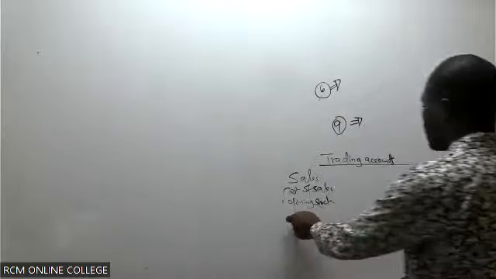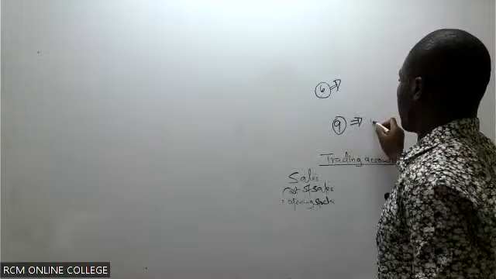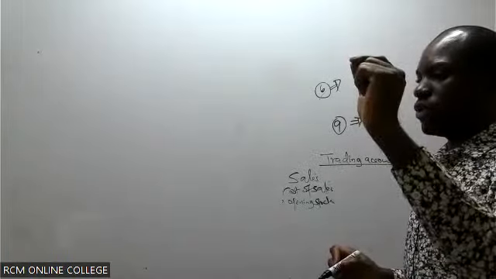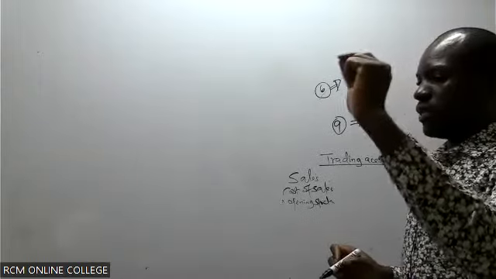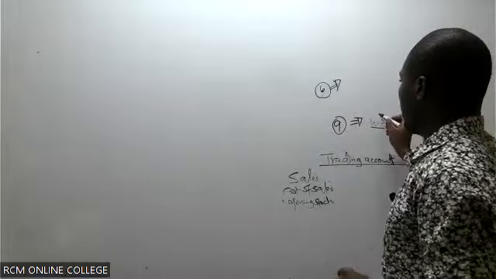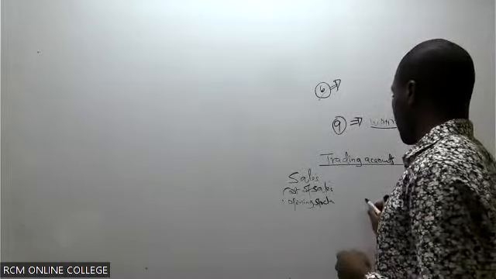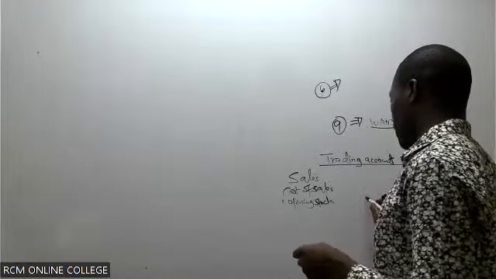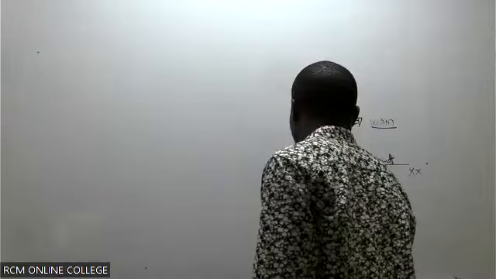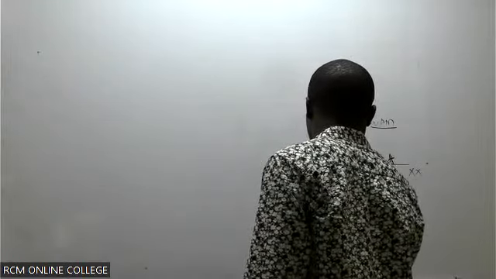If you're talking about inventory management or inventory valuation, where you are using weighted average method, remember, first of all, the examiner will tell you that the opening stock was this number of units and this value. So that's what you're going to indicate, the value of your opening stock. Then you add purchases.